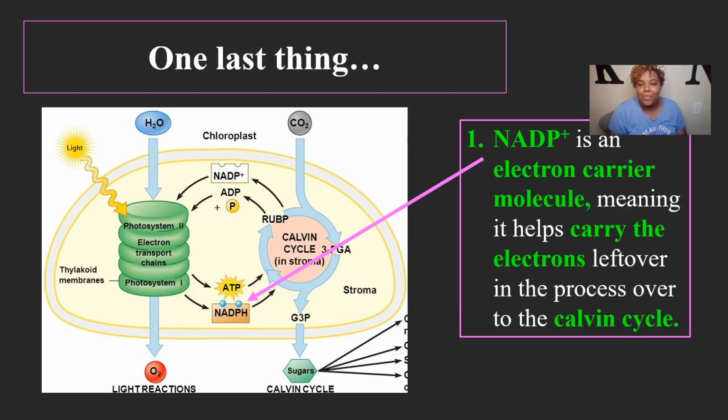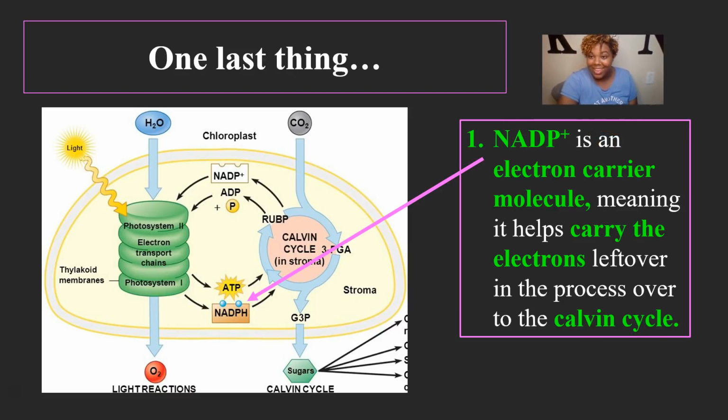All right, so one last thing I want you to know. Let me move so you can see, there we go. NADP, right here. NADP is an electron carrier molecule, meaning that it helps to carry electrons that are left over in the process of the Calvin cycle.